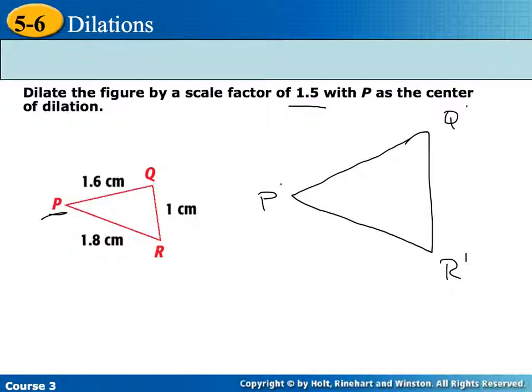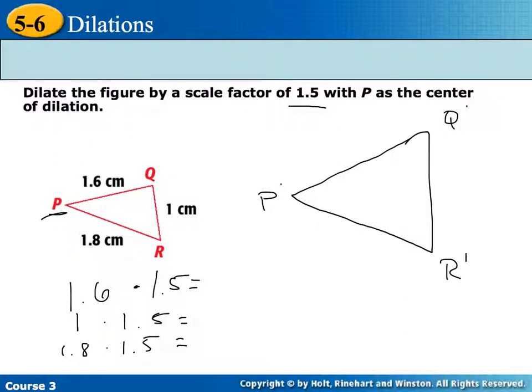So 1.6 becomes 1.5 times bigger. So I need to take 1.6 and multiply by 1.5 to get my answer of that far side. I need to take 1 times 1.5 to get my answer. I need to take 1.8 times 1.5 and get my answer. Leave my labels in there, okay?